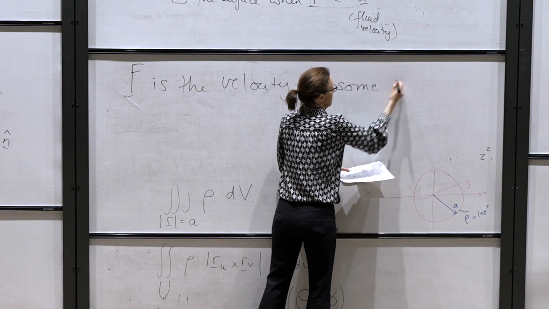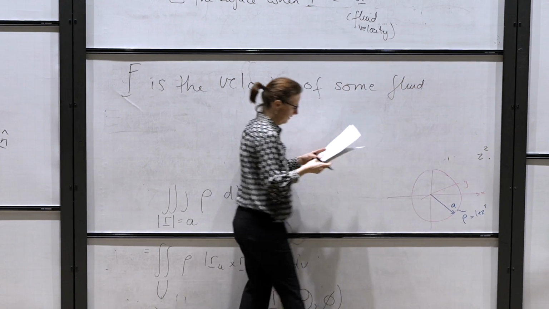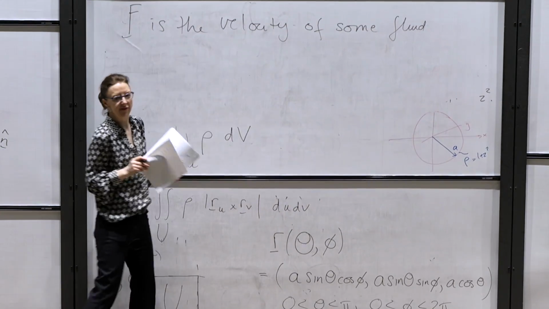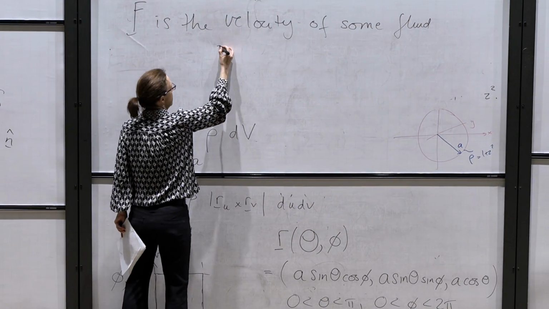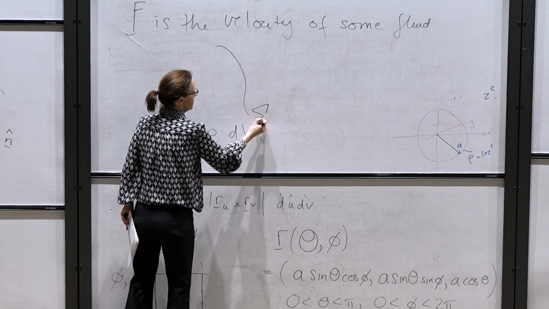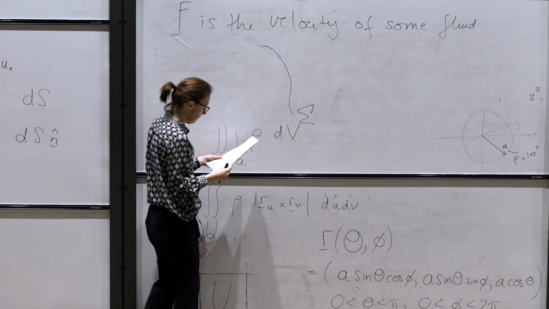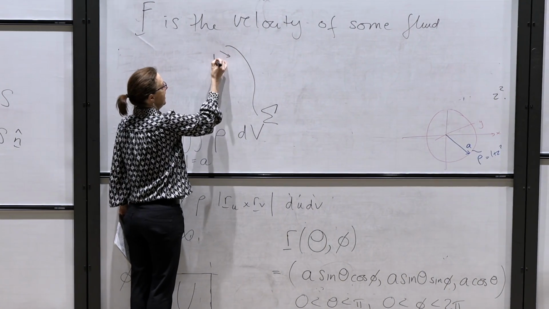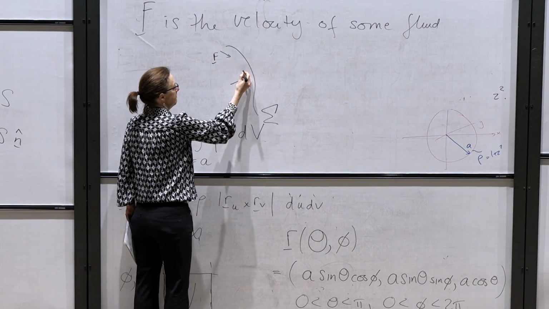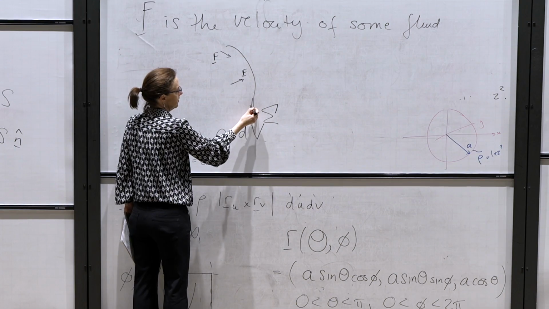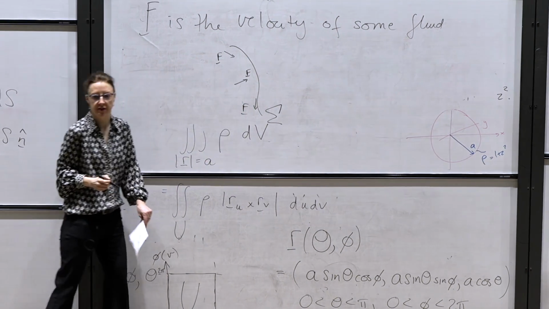But now this time, let's suppose the F is all over the place. So I'm going to do my surface, sigma. So imagine that to be a two-dimensional surface in 3-space. But this time my velocity F is going to be different directions at different points on my surface.